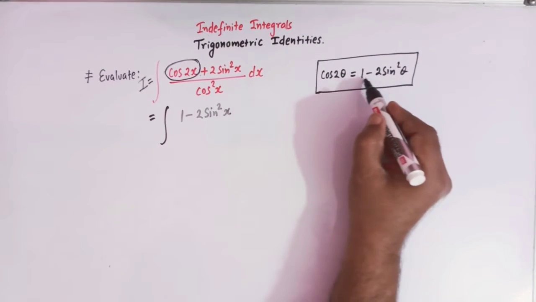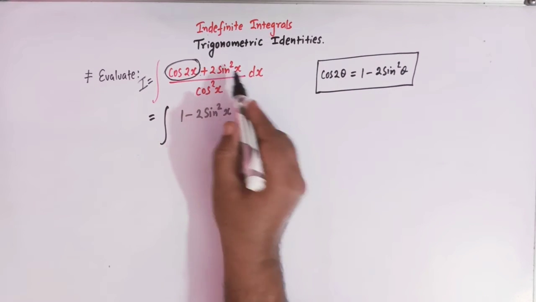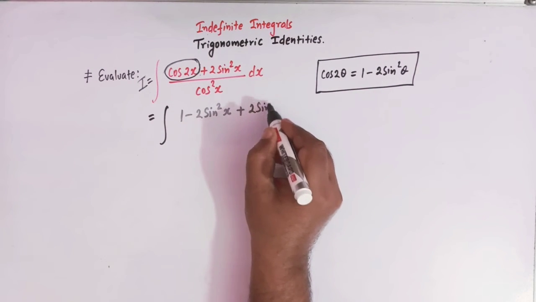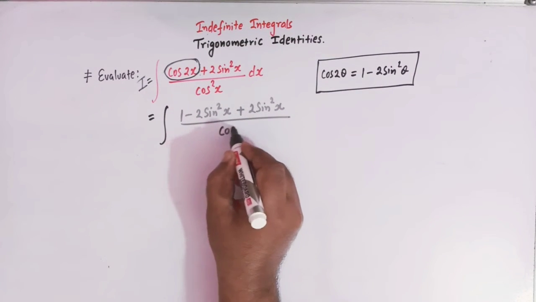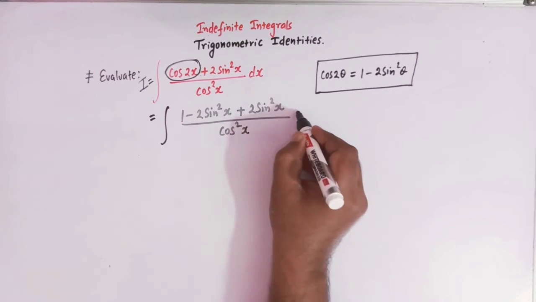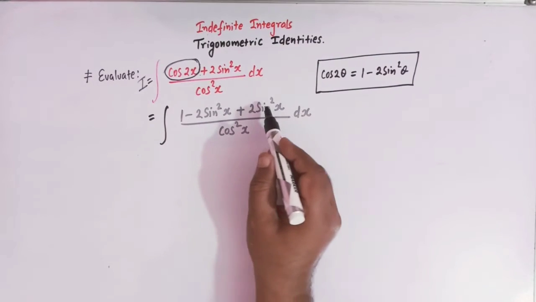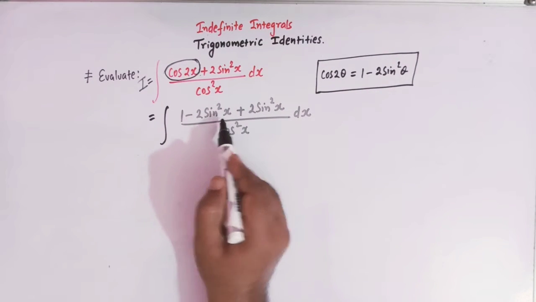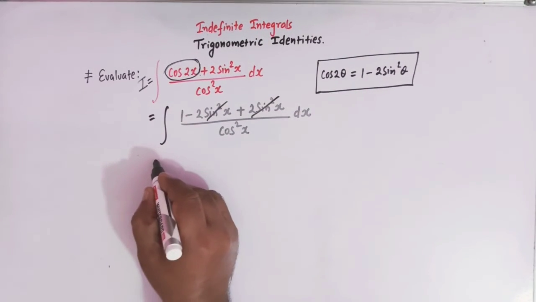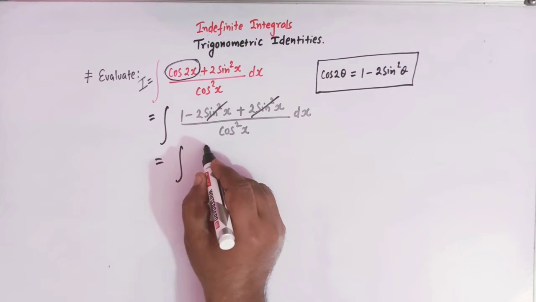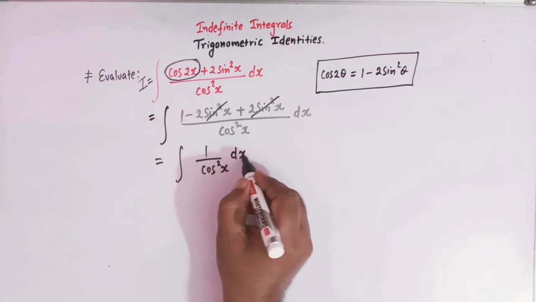Because cos 2 theta is 1 minus 2 sine square theta, and then here we have 2 sine square x, and in the denominator we have cos square x, right? And now we can easily see that minus 2 sine square x and plus 2 sine square x, these two terms get cancelled, and we are simply left with 1 over cos square x dx, right?